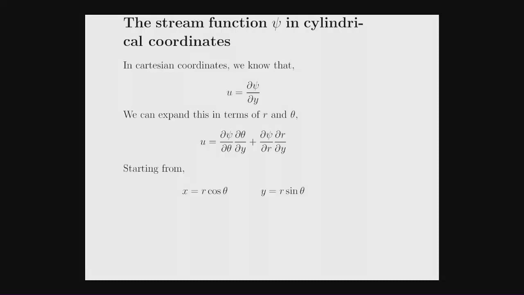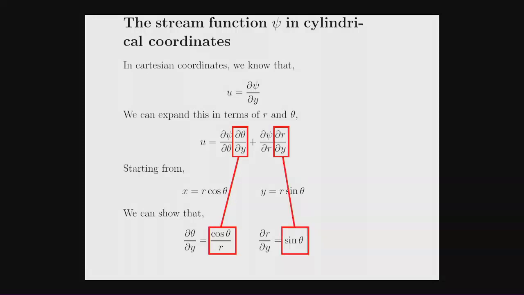And finding the relationship between x and y with r and theta, I can then show that del theta del y is equal to cos theta over r, and del r over del y is equal to sin theta. I'll let you do this as a homework, but you should be able to find this relationship here. And all I'm going to do is substitute that back into my equation for u.